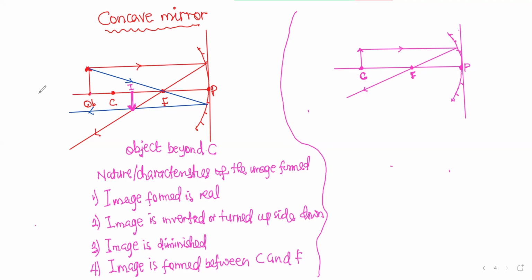Then a ray of light through F, after reflection, must be parallel to the principal axis.